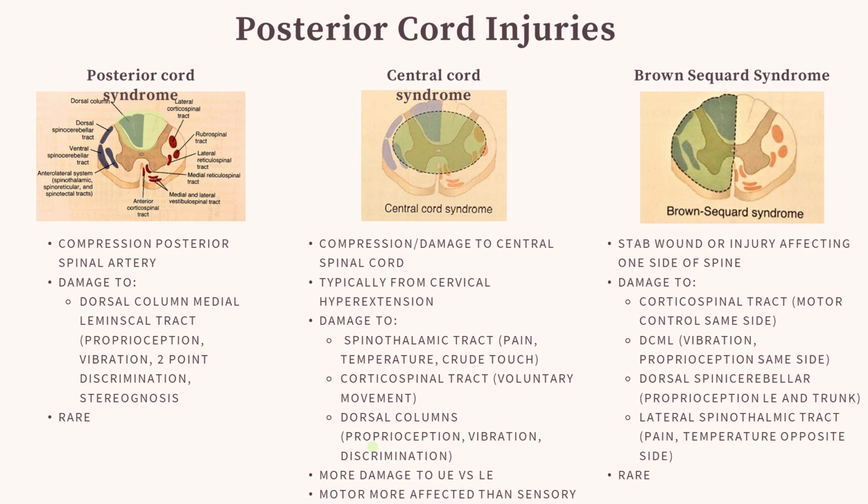And then the last one we're going to talk about here that can be affected with a posterior cord injury as well. This is also categorized as an anterior cord injury because of what the injury is affecting. So if you've heard of Brown-Sequard syndrome, this comes from something like a stab wound.